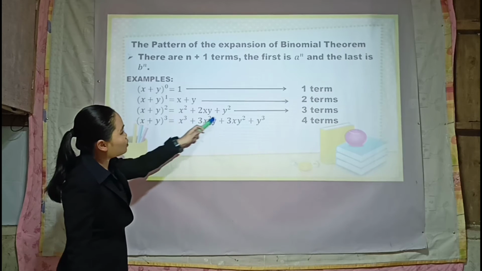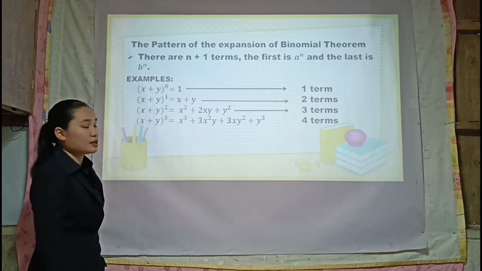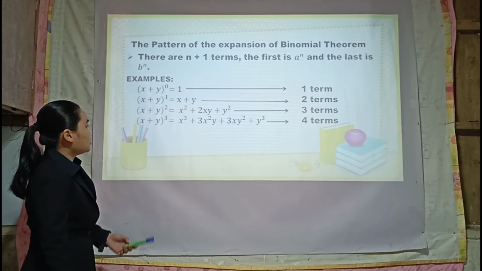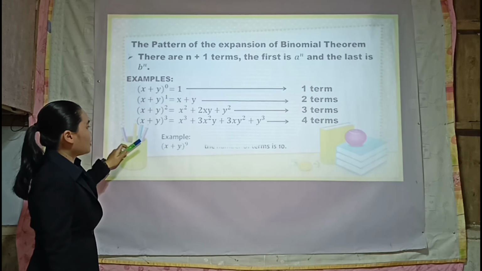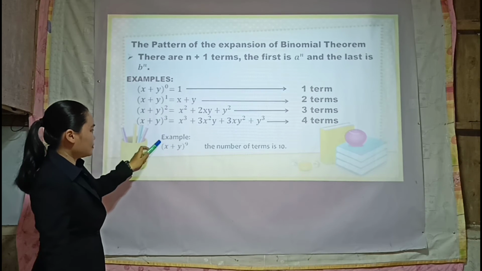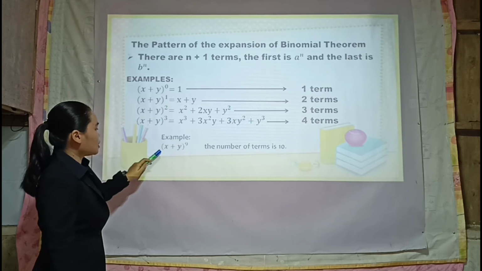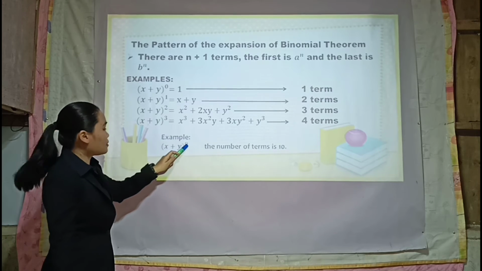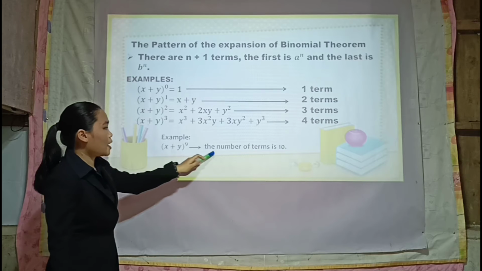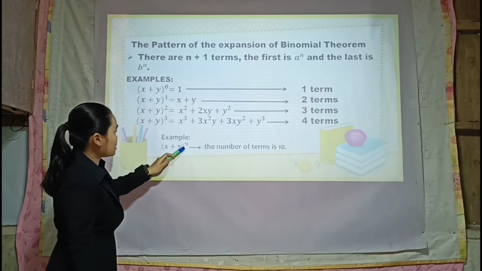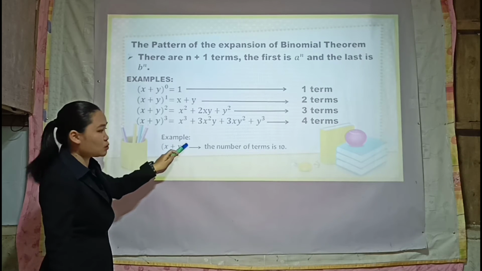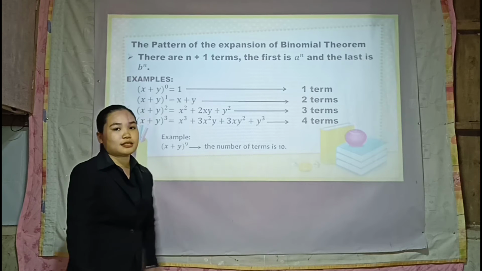So 1, 2, 3, 4. There are 4 terms. So if you are given this expression, we have x plus y raised to 9. So, the number of terms is 10 because our n here is 9. 9 plus 1, we have 10 terms.